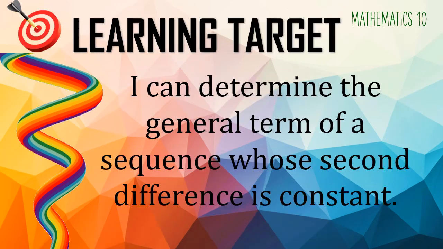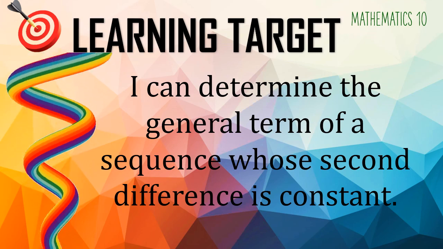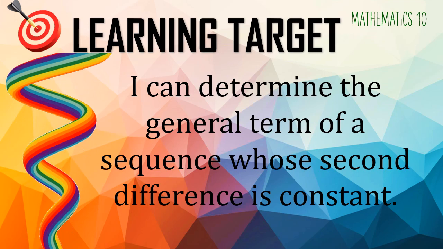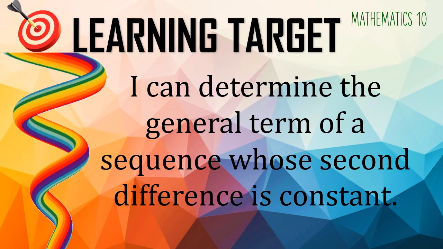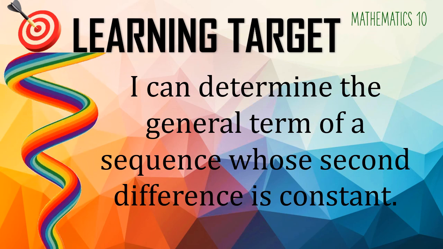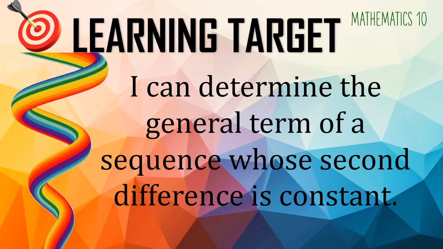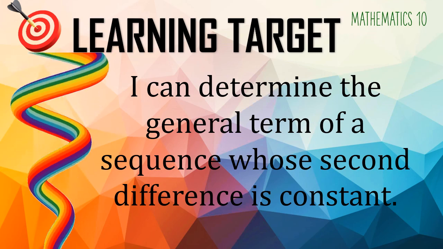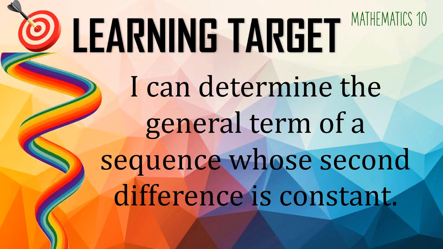That is our target for this video. I hope everybody can determine the general term of a sequence whose second difference is constant. As you can see, in our example a while ago, the second difference is constant.